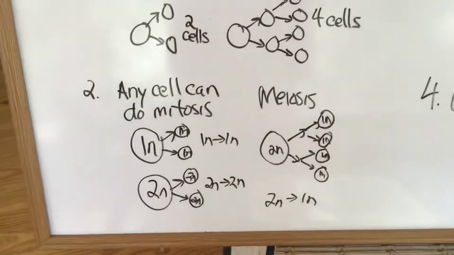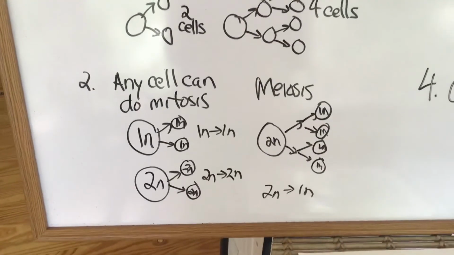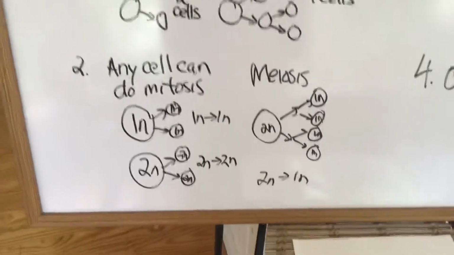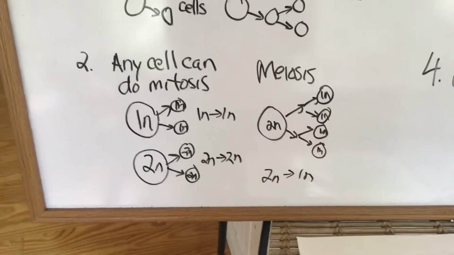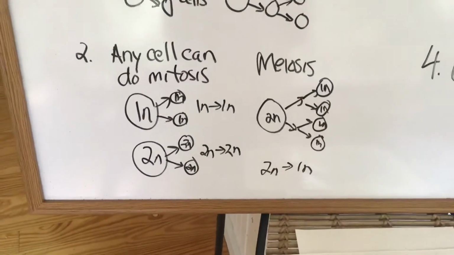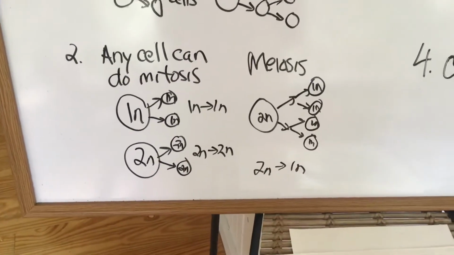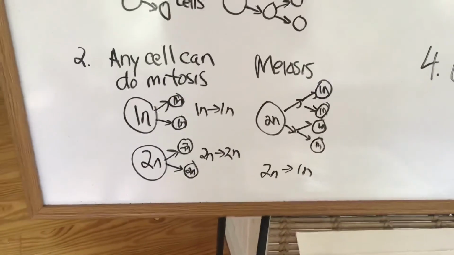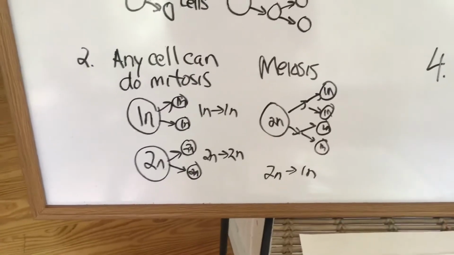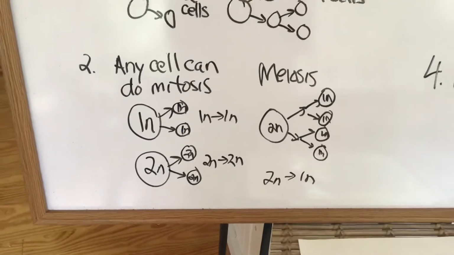That is, I could have a 1N cell, or a haploid cell, that undergoes mitosis. Let's say I just had 1 chromosome. I'm just going to replicate it and put 1 chromosome in each of the cells. So I'm going from 1N to 1N, and the cells created in terms of DNA would be exactly like the cells that I started with.